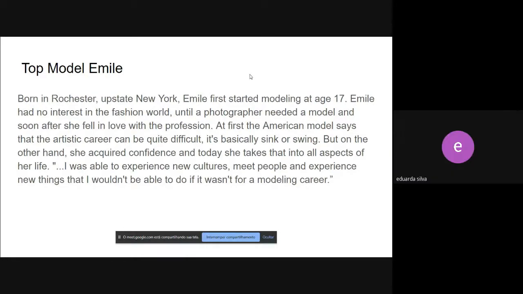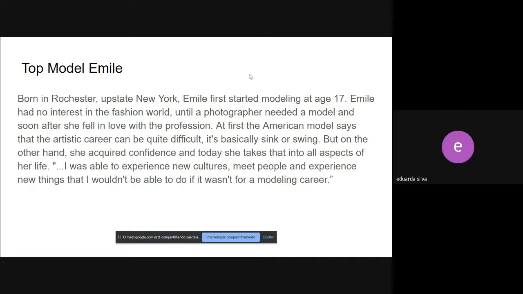Okay. Top model, Emily. Born in Rochester, upstate New York. Emily first studied modeling at age 17. Emily had no interest in the fashion world until a photographer needed a model, and soon after she fell in love with the profession. At first, the model says that the ask chair makes it difficult.